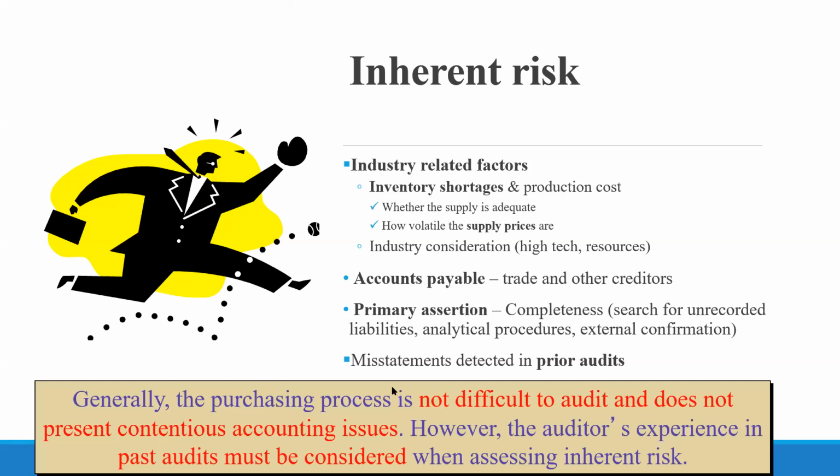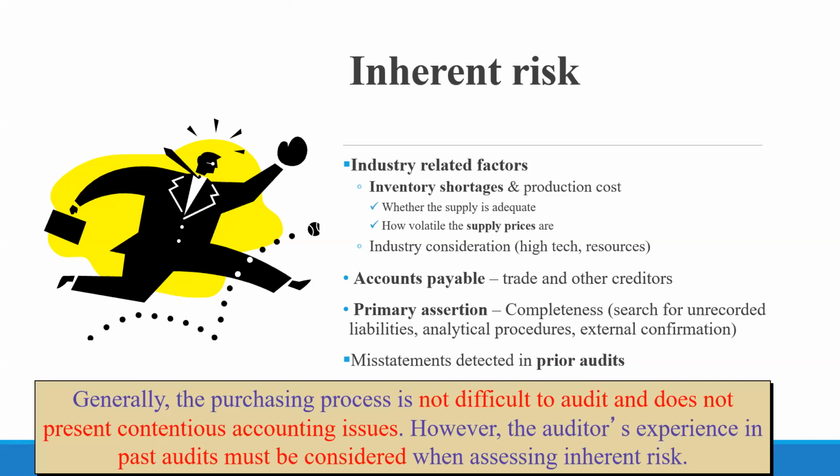As we mentioned before, for the purchase cycle, completeness is usually the primary assertion at risk because we worry about unrecorded liabilities. We worry that purchases might not be completely recorded because the management usually has the incentive to understate the expenses and understate the liabilities.